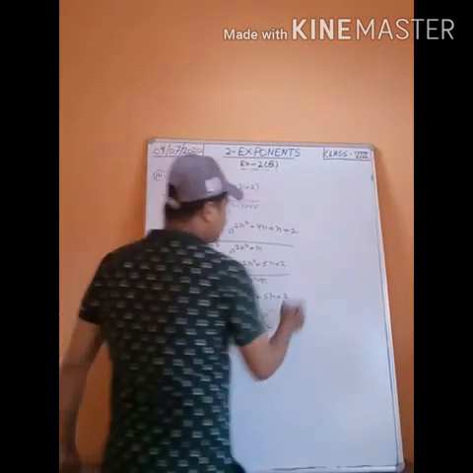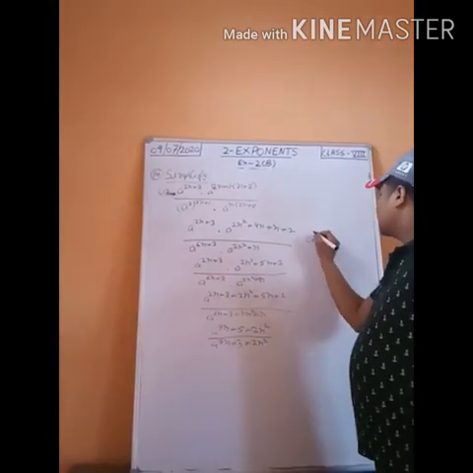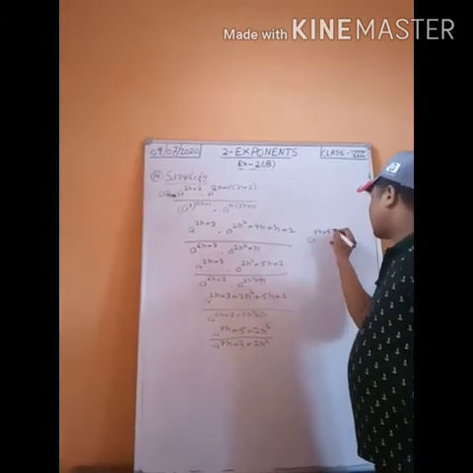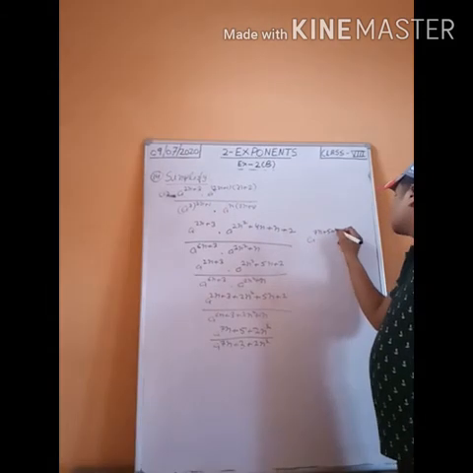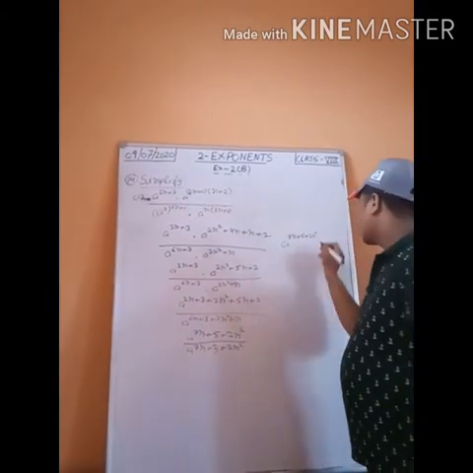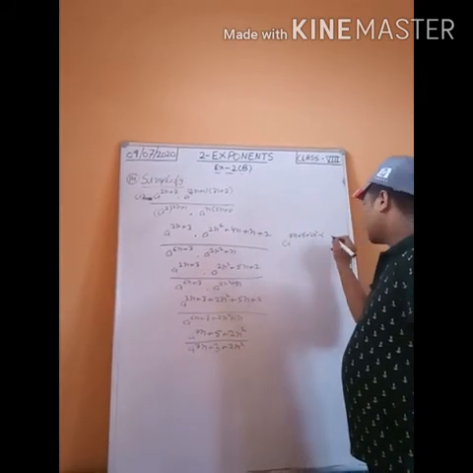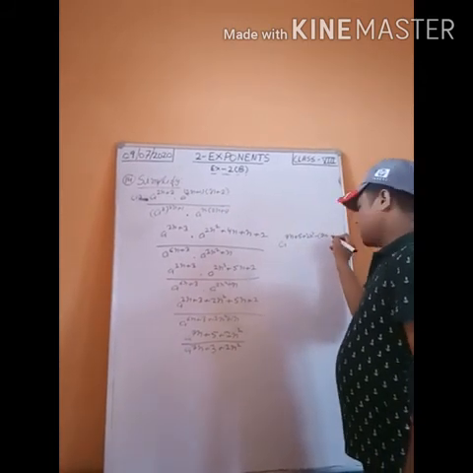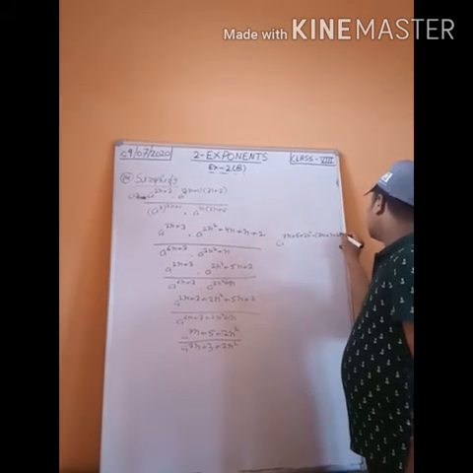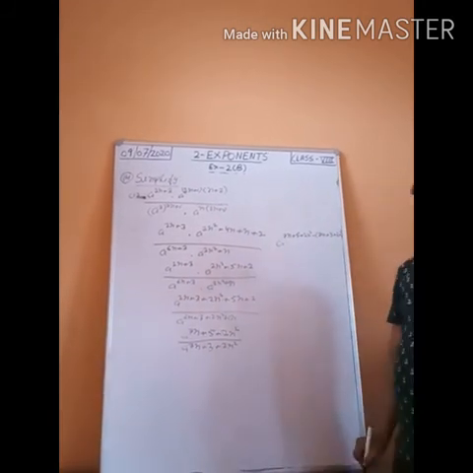So a raised to the power 7n plus 5 plus 2n square, then minus this power, minus inside the bracket 7n plus 3 plus 2n square, bracket close.